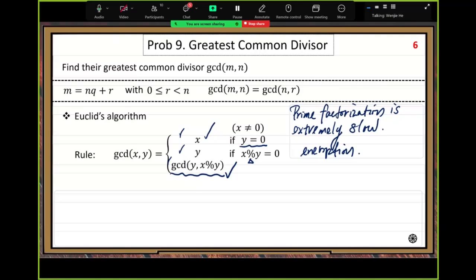They designed an algorithm called the RSA algorithm, named after the initials of these three professors. RSA encryption algorithm.